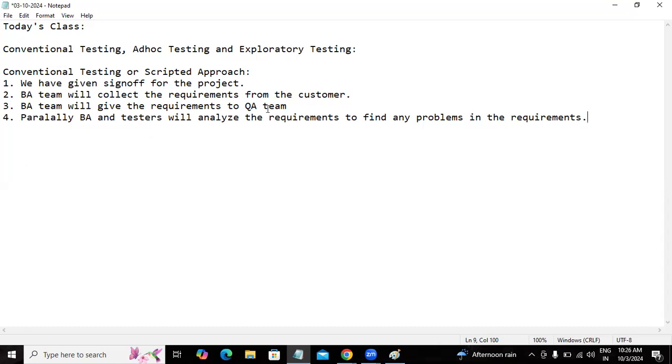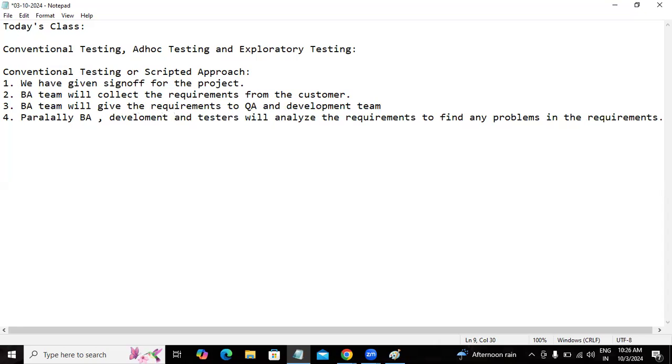I'm going to mention that the BA team will give the requirements to the QA and development team. Parallelly, the BA, development team and testers will analyze the requirements, and they can find some issues in the requirement.